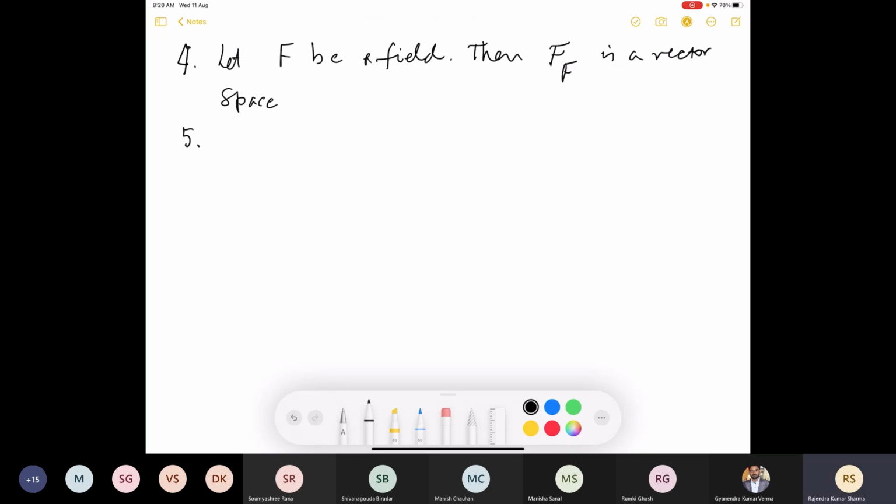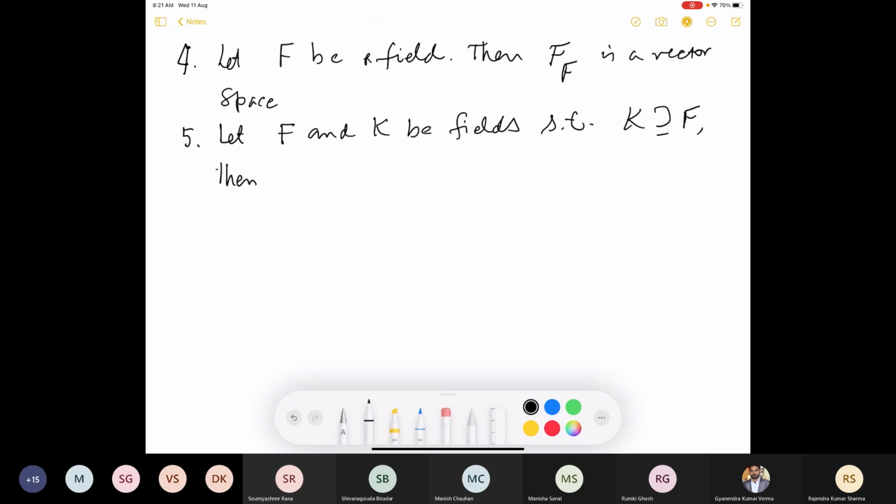And since we had already seen the example that R over Q is a vector space, let us take F and K, the fields, such that one contains the other. So suppose K is bigger, so K contains F. In that case, K becomes a vector space over F.